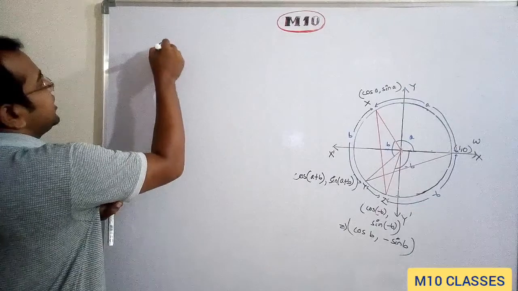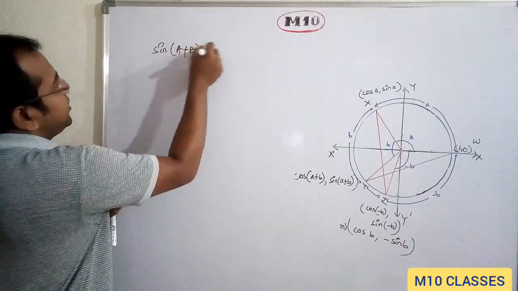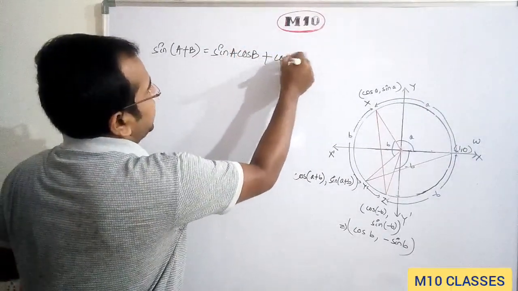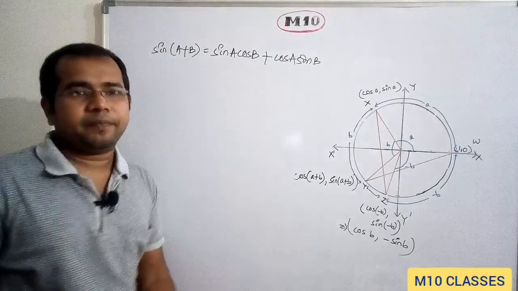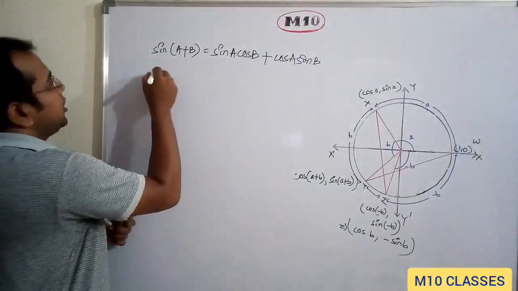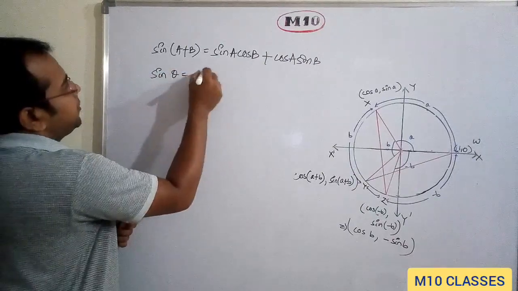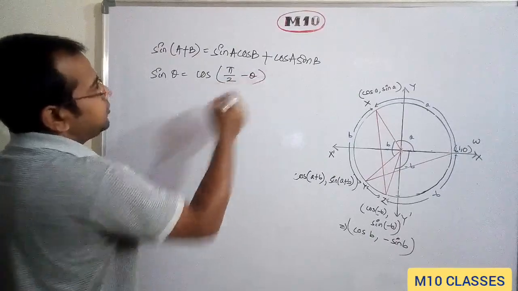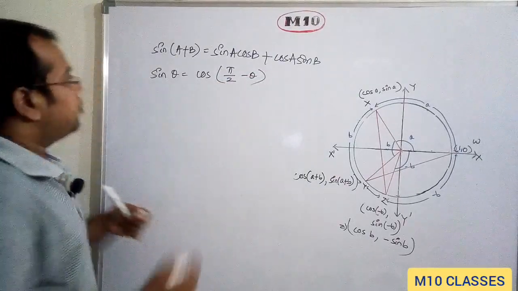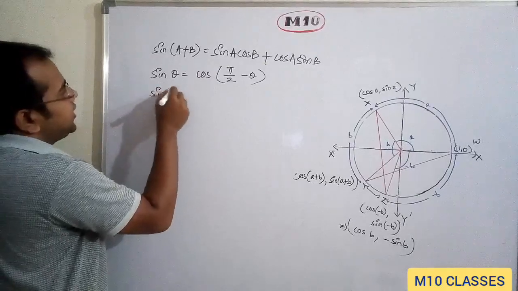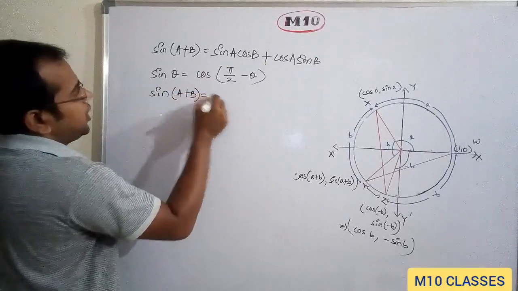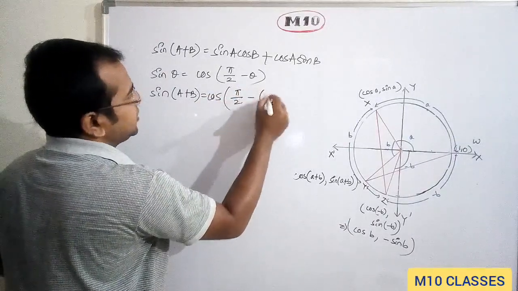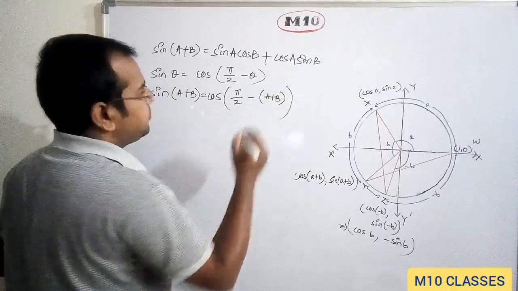Now sin(A plus B) is equal to sin A cos B plus cos A sin B. We are going to prove this. Okay. Now sin theta is nothing but cos 90 degree minus theta, or cos(pi by 2 minus theta). Now putting this formula, sin(A plus B) can be written as cos of (pi by 2 minus (A plus B)).